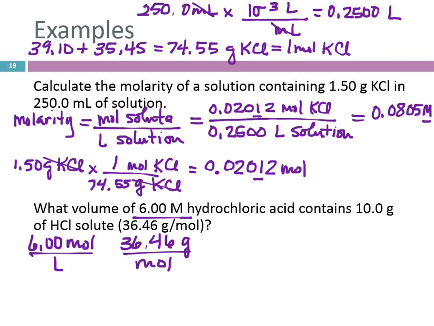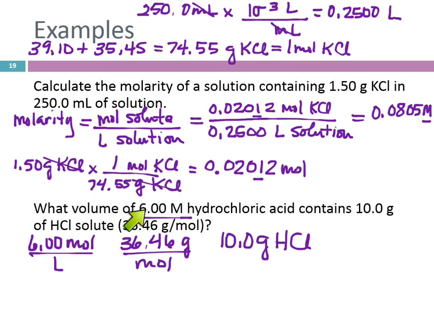And then we've got a quantity, 10.0 grams of HCl. With this problem, we can actually just stick these numbers together so that the units cancel out. We don't even have to really understand what's going on. But it's nice to understand.